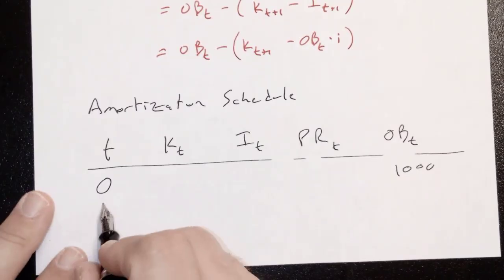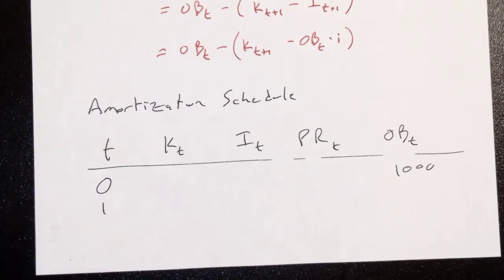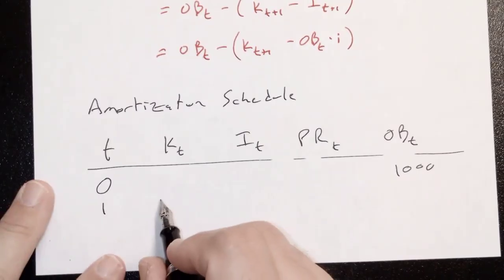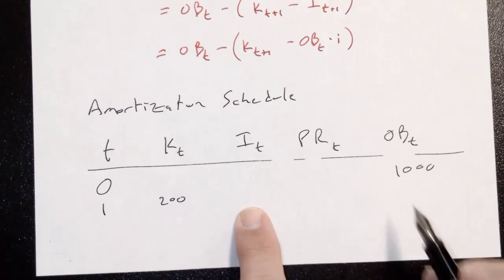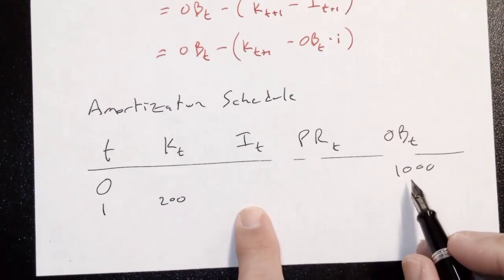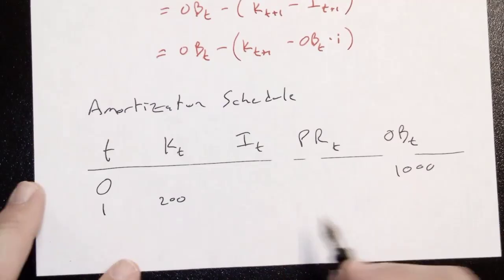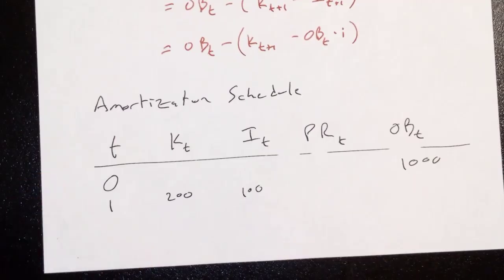Okay, so at 1 year, we made a payment of $200. The interest is outstanding balance times the interest rate. The interest is $100. Notice that's simple interest on 1 period. P times r. That's all I need. 1,000 times 10%.